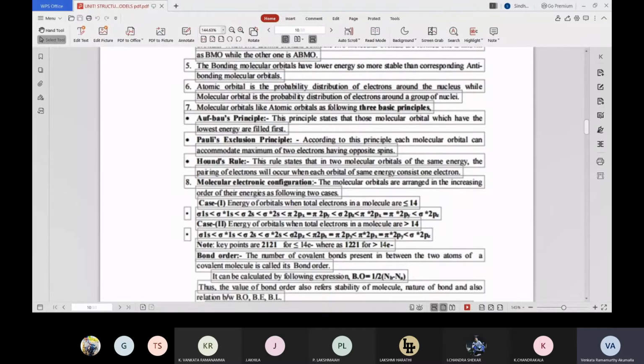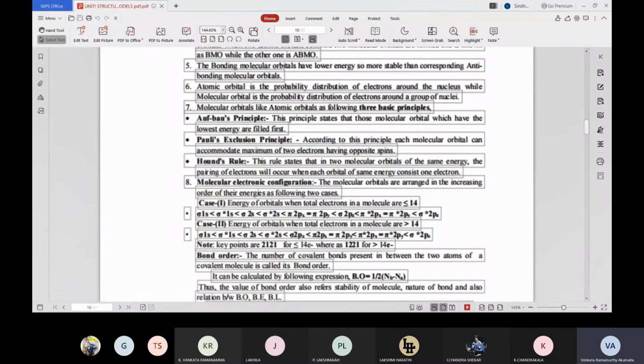This is sigma or sigma star. Sigma is the bonding orbital and sigma star is the anti-bonding orbital. And case 2: energy of orbitals when total electrons in the molecule are greater than 14.